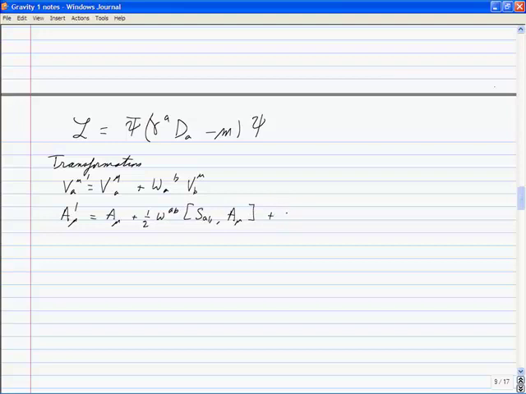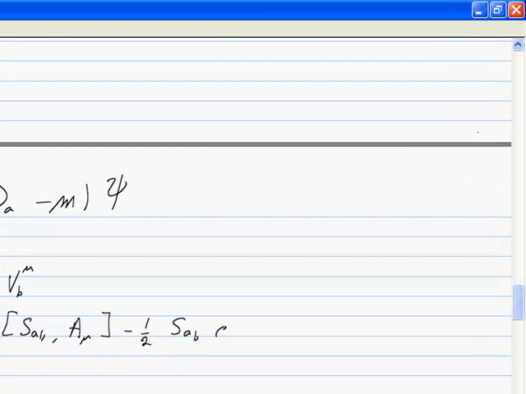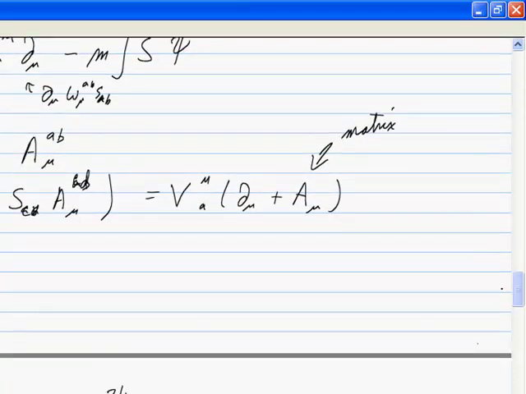And then there's a piece with it that my notes say is minus 1/2 S^AB d_mu omega_AB. If you go back up here, you can sort of see where these terms come from.